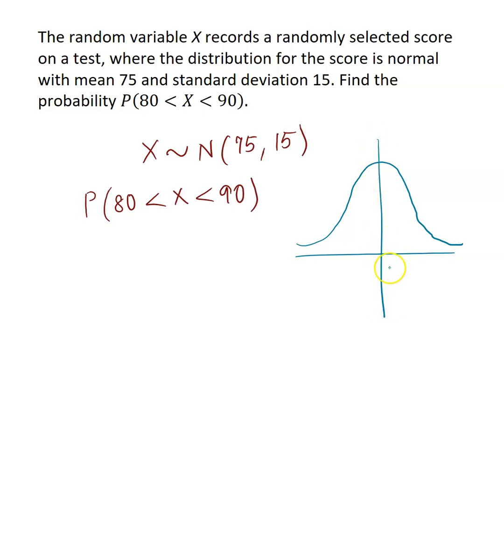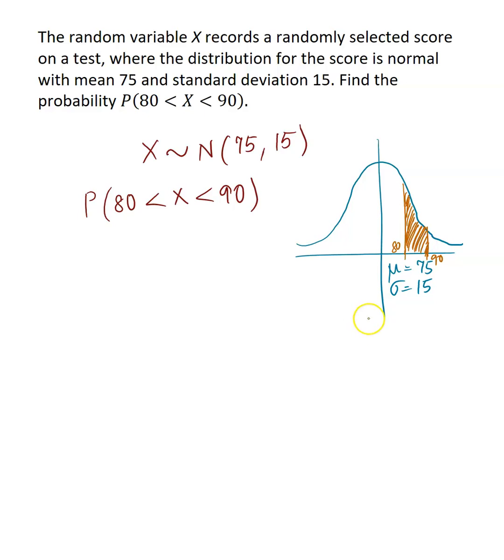So they're saying that mu is 75, sigma is 15, and between 80 and 90, so that's to the right of 75, so that's somewhere here, say 80, and then I'm just eyeballing this to some value there, and we're trying to find the area between these two, right?